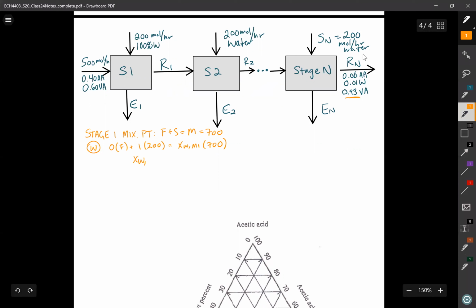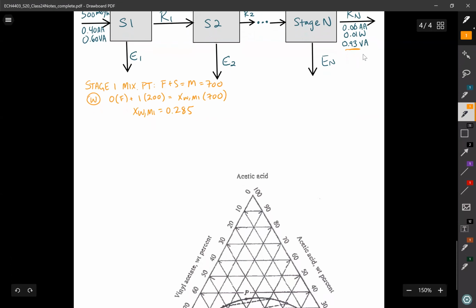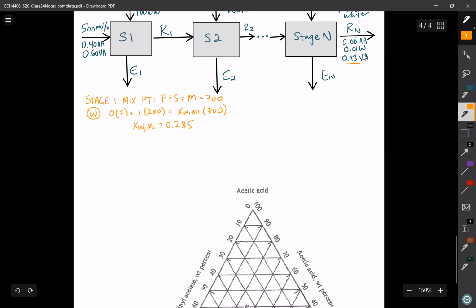So X water mix 1, 0.285. And that's actually the only one number that you need to calculate in order to move on. But I'm going to go ahead and show you the other two just for completeness. If I wanted to do acetic acid, it would be 0.40 times 500 plus 0 times 200.